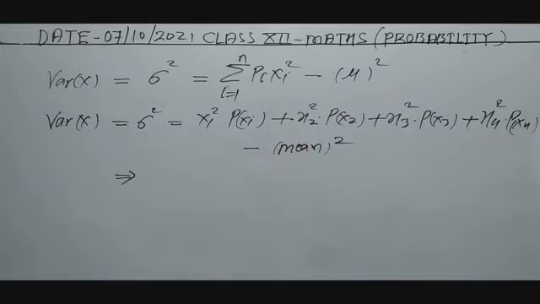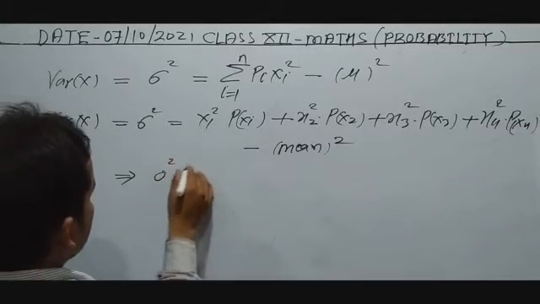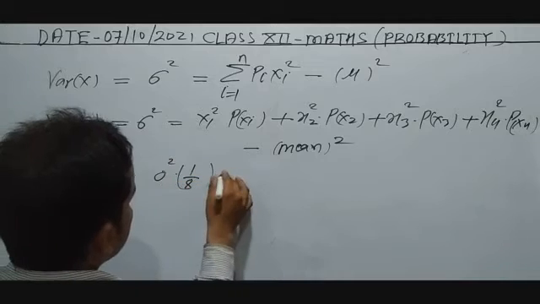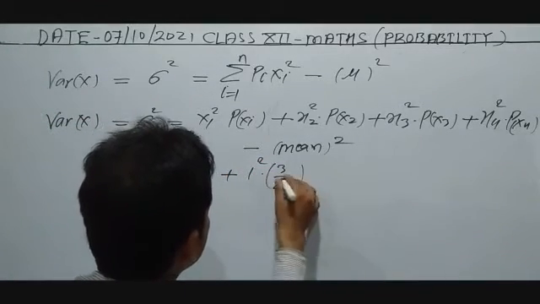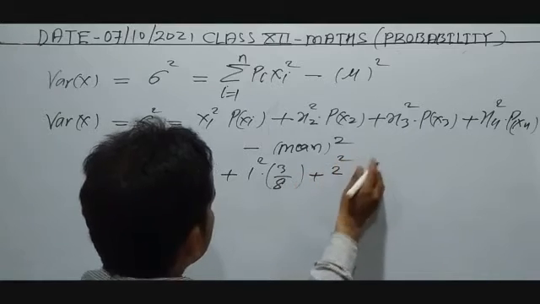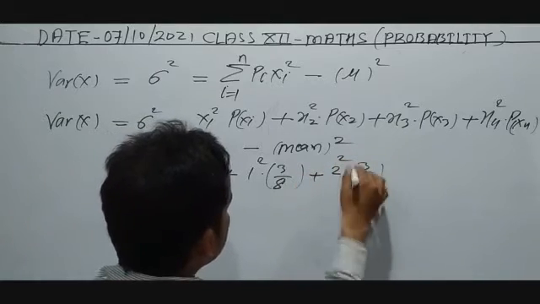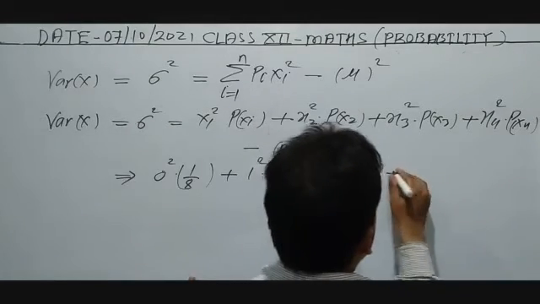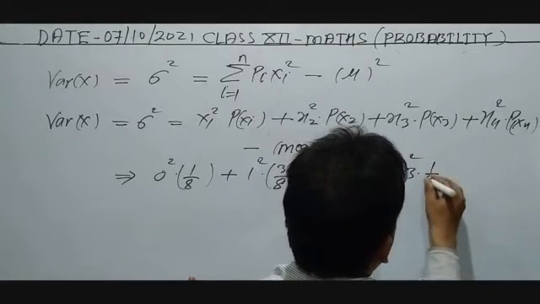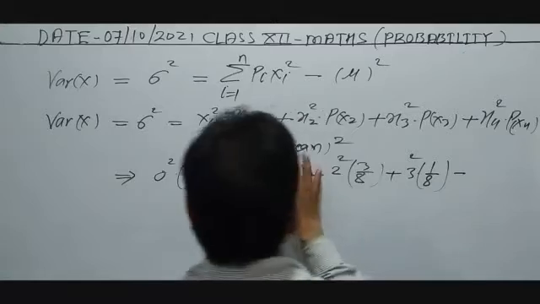So what will be its result? x1 square is 0, so 0 square into 1 by 8 plus 1 square into 3 by 8 plus 2 square into 3 by 8 plus 3 square into 1 by 8, with negative sign mean square.